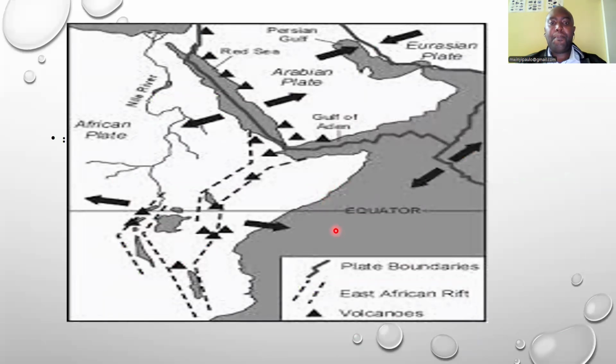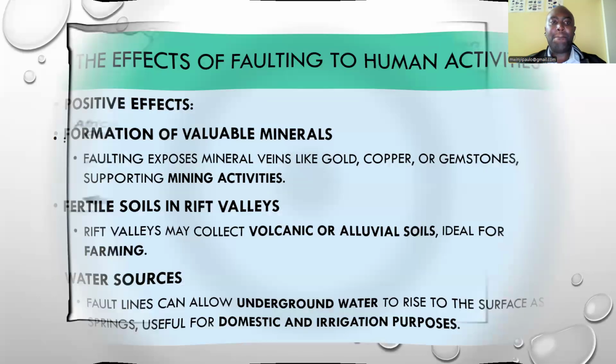The same, it's still showing the formation of the Rift Valley. If you look at these arrows here, the ones that are pointing, these ones too, and these ones, they are pulling apart with the middle part sinking, forming the Rift Valley.